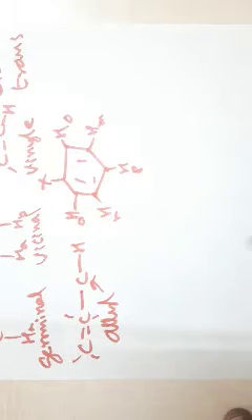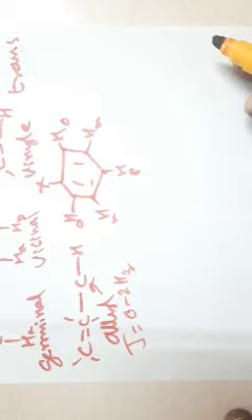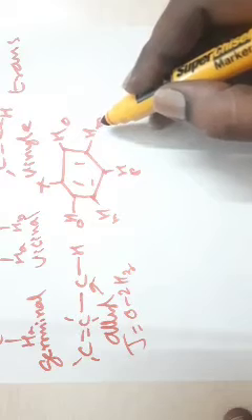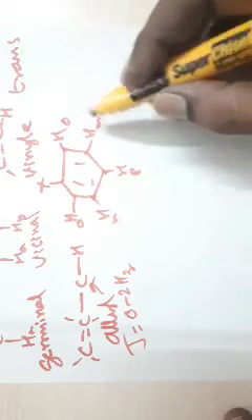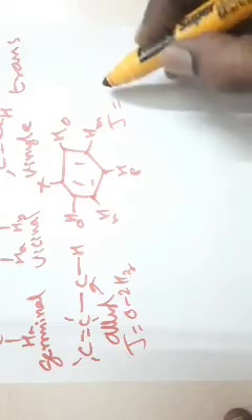For the allylic proton, the coupling constant J value is noted in the range of 0 to 2 Hertz. For aromatic coupling, the coupling is observed between ortho, meta and para protons, and the J value is 7 to 10 Hertz.